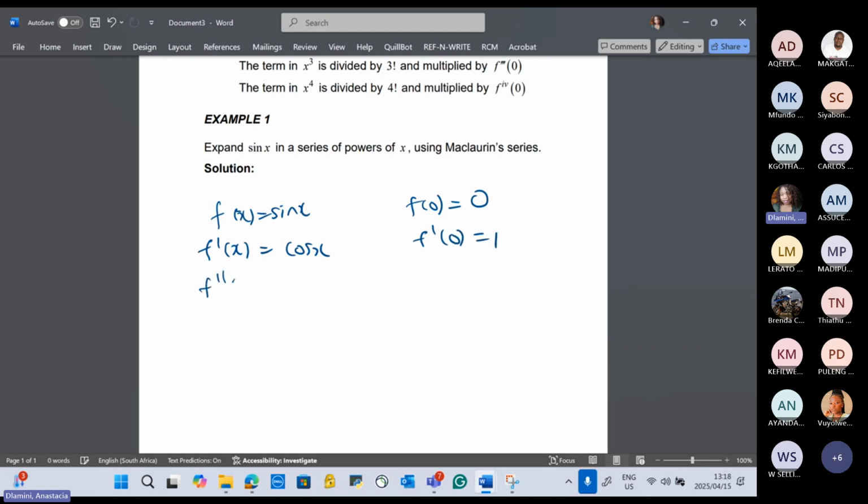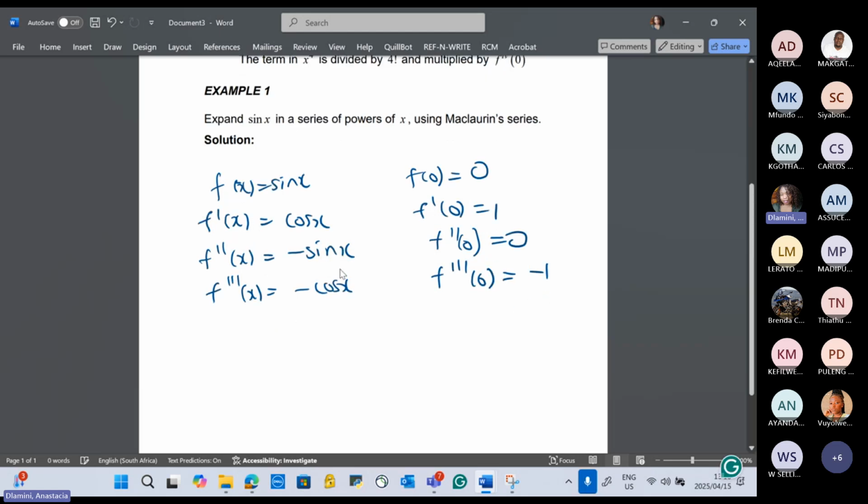Then f double prime of x is equal to minus sine of x, and f double prime of 0 is equal to 0. Then f triple prime of x is equal to minus cos of x. Then f triple prime of 0 is equal to minus 1.